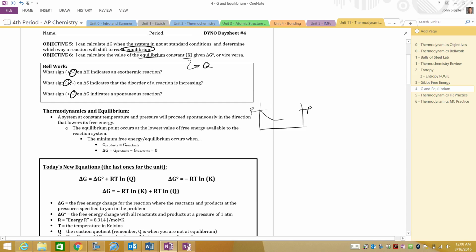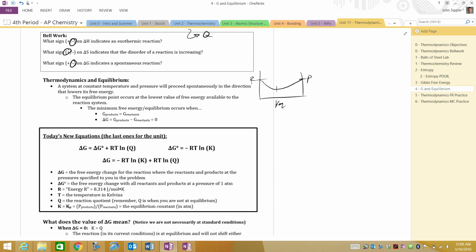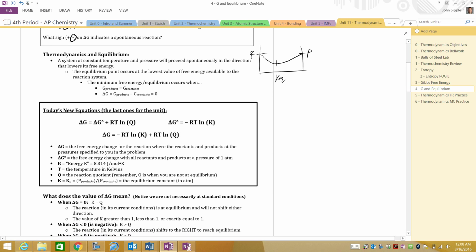It's kind of like a well, and it doesn't necessarily have to be in the middle that's favored, but it's the bottom of the well energetically, where it's the lowest amount of free energy. So that's where you're going to reach equilibrium, where the energy is the lowest between the two, to some extent.